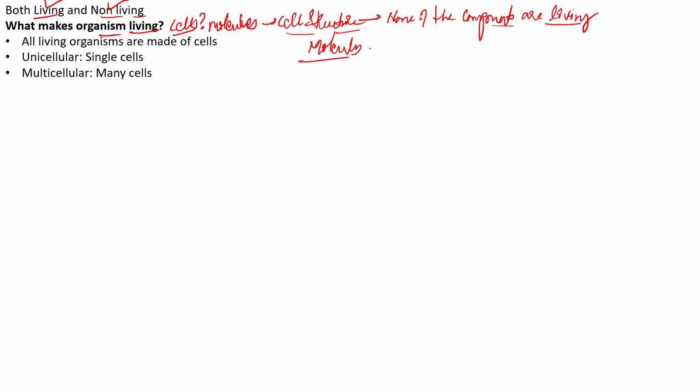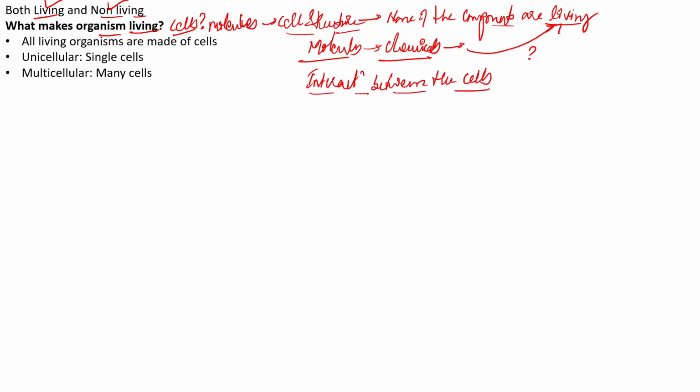They are basically chemicals. Then how do these chemicals keep us living? We will try to answer this question in your first chapter, the living world, but I can give a small answer here: it is the interaction between the cells that actually keeps us living.